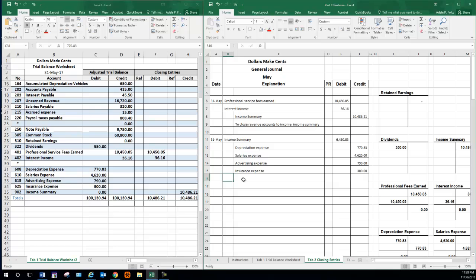Our description is going to say, I'm just going to copy it down, and then I'm just going to change. We're not closing the revenue accounts, we're actually closing our expense accounts, yes? So we're closing our expense accounts to income summary. And so we debited income summary the amount of $6480.83.